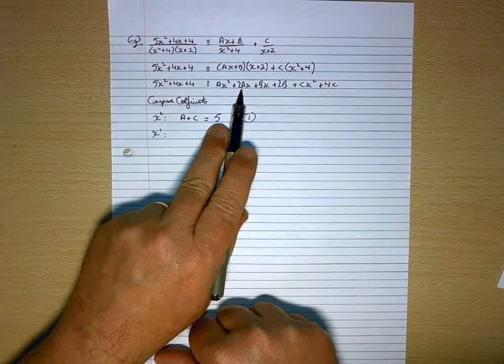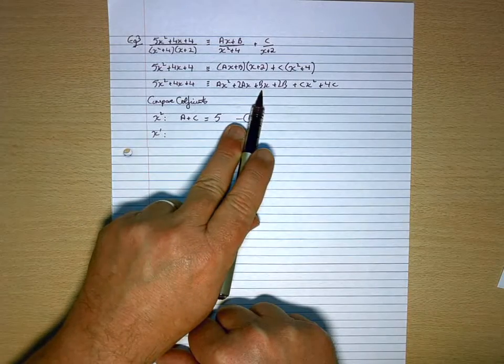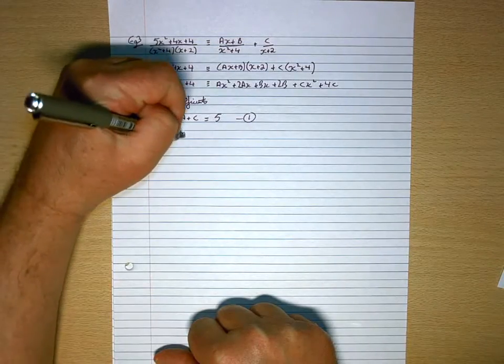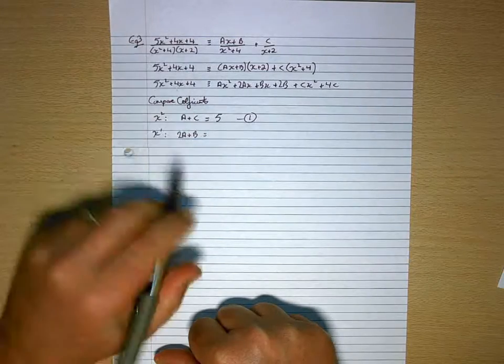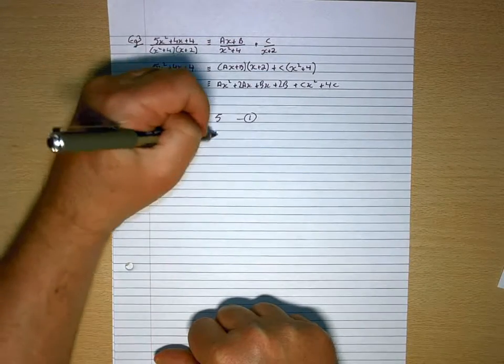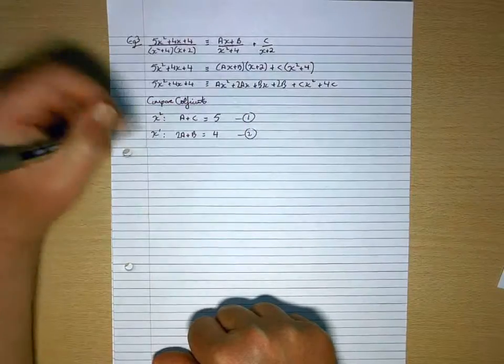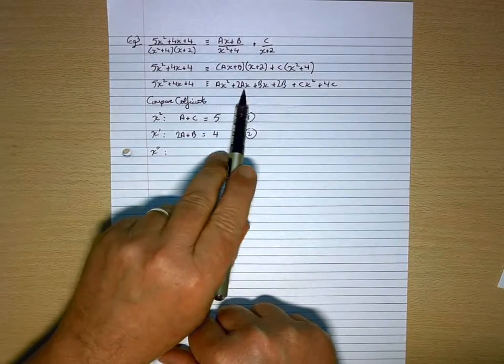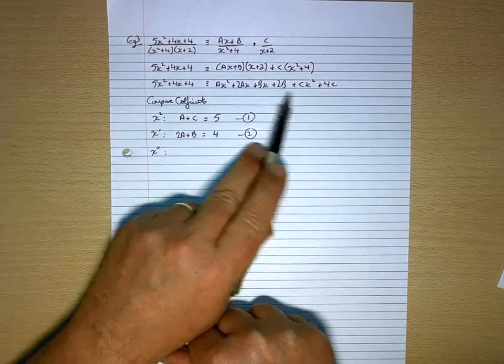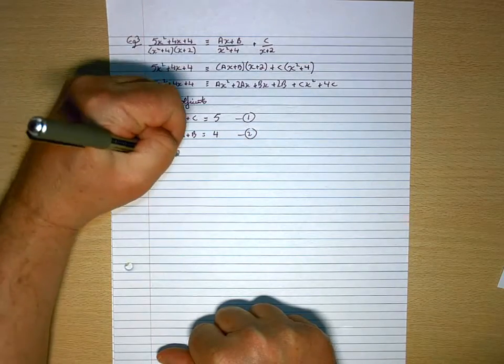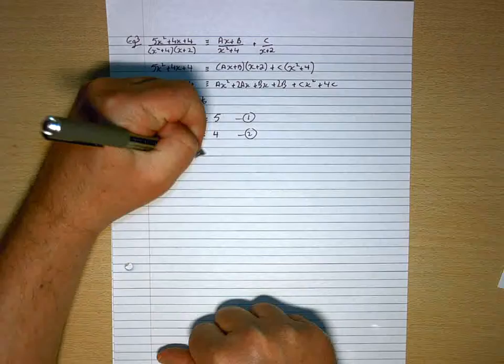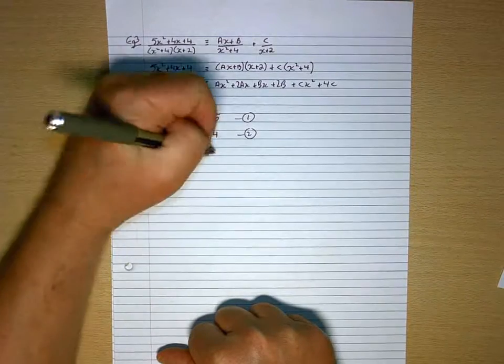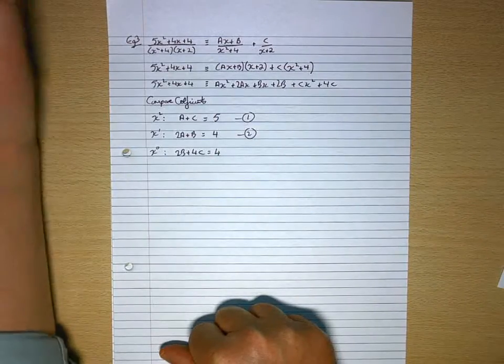X terms, I have 2a plus b, and they have to equal 4. And then number only terms, I have 2b plus 4c, and they have to equal 4 as well.